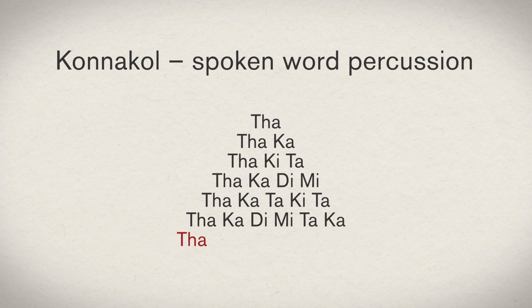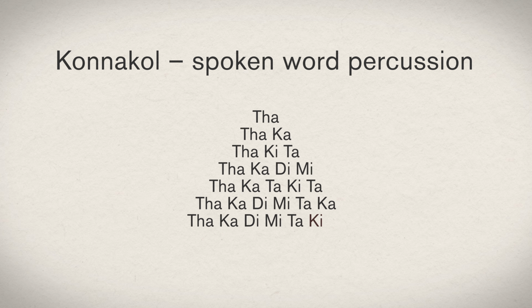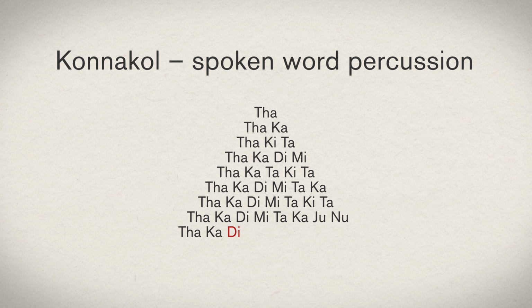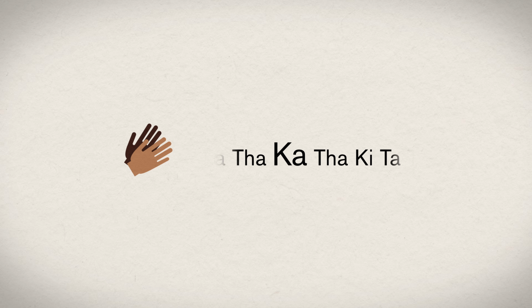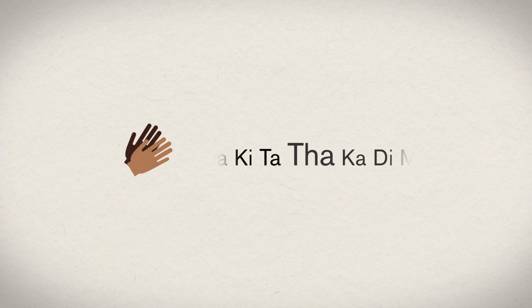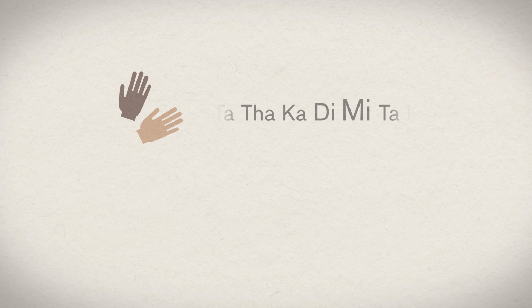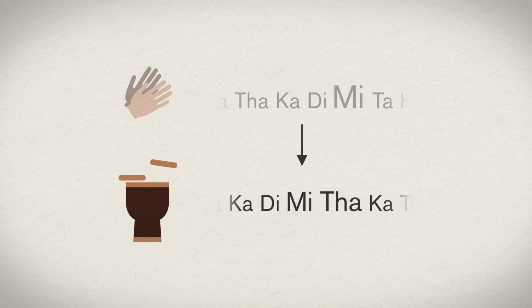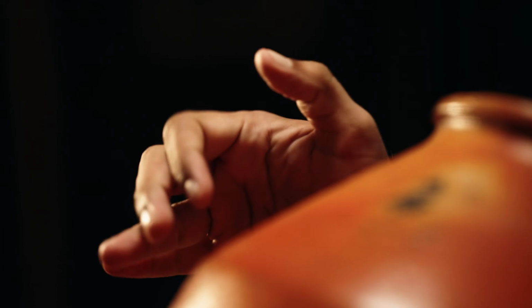These syllables then translate to the actual percussion instrument, meaning it's possible to recite konnakol with the voice and then directly duplicate it on a drum afterwards. Learning this creates a foundation for Indian musicians to imagine complex subdivisions and patterns in their mind before playing them, and even recall a pattern exactly afterwards.